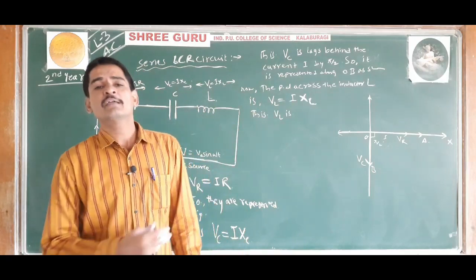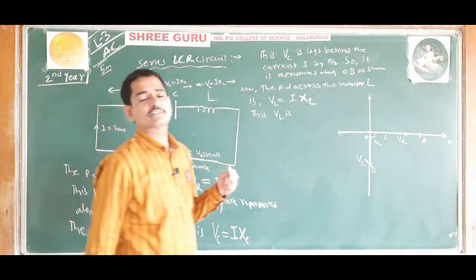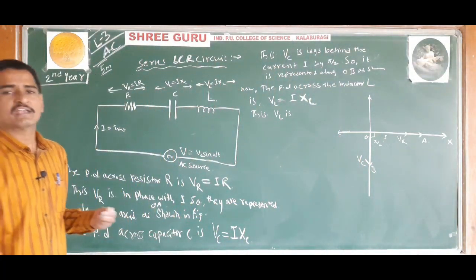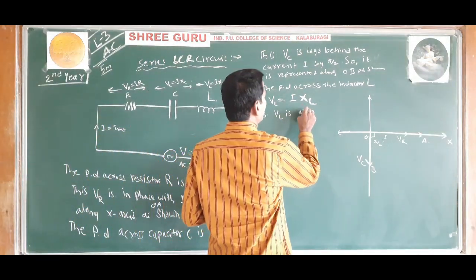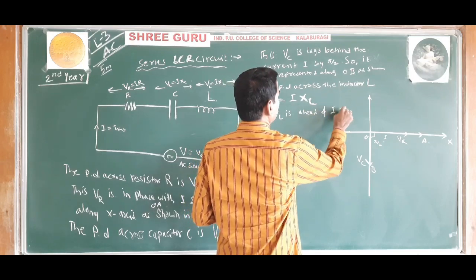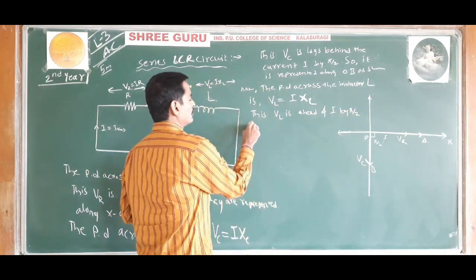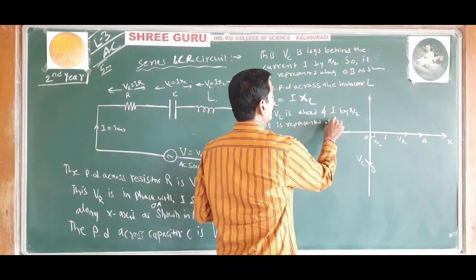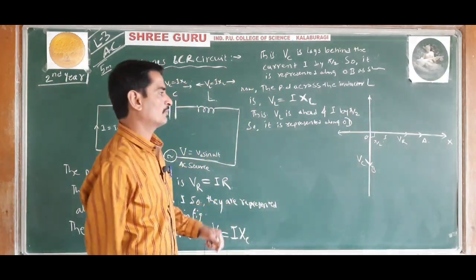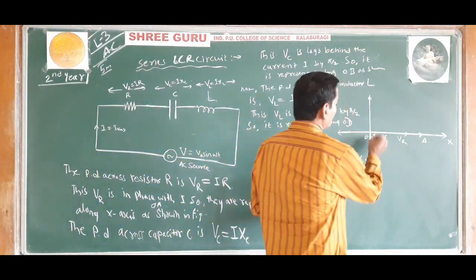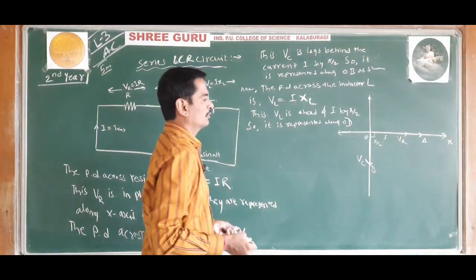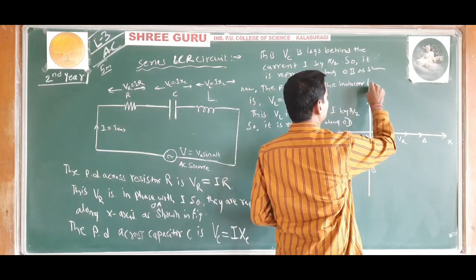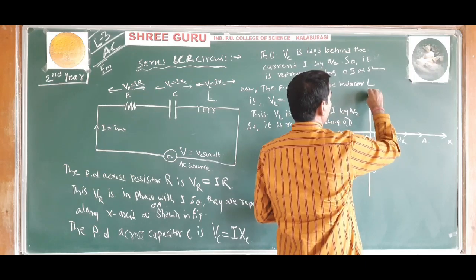We have already studied that in a pure inductive circuit the potential difference leads the current by pi by 2, and in a pure capacitive circuit it lags behind the current by pi by 2. So VL is represented along OD, as shown in the figure, at an angle of pi by 2 from the current.